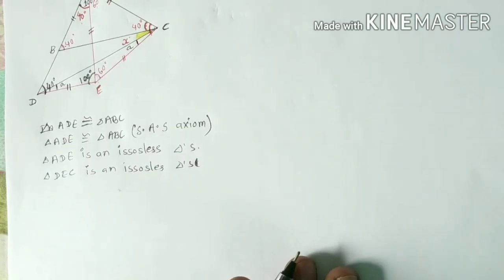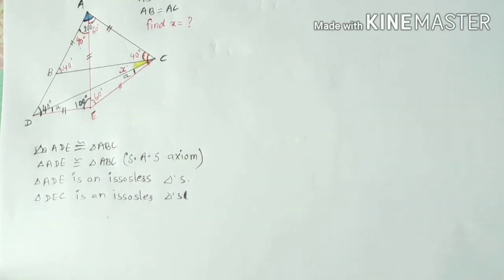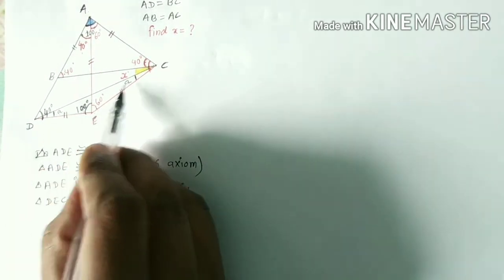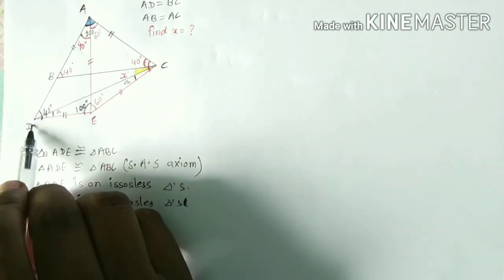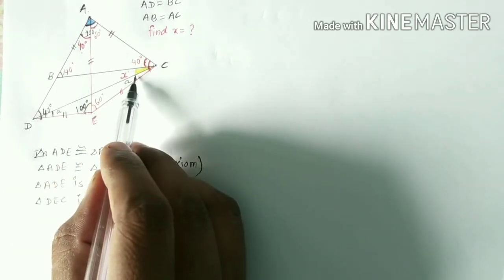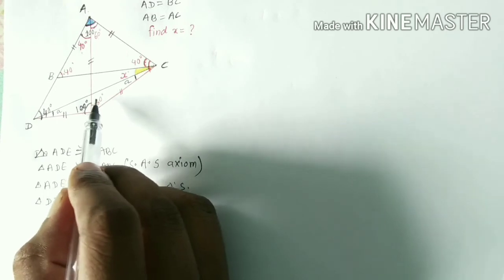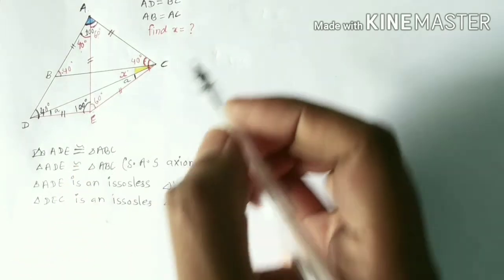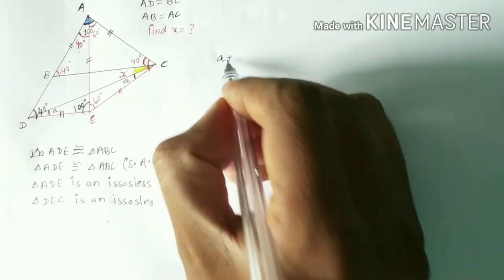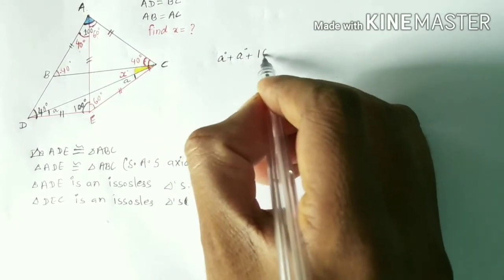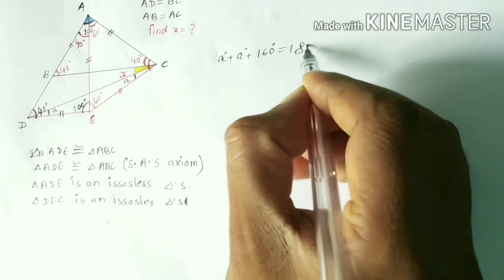So now we can calculate this angle A. In triangle DEC, the sum of all its angles will be 180 degrees, because as we know the sum of angles of a triangle is 180 degrees. So A plus A plus 160 degrees is equal to 180 degrees.